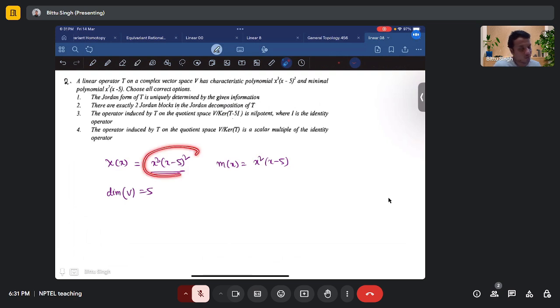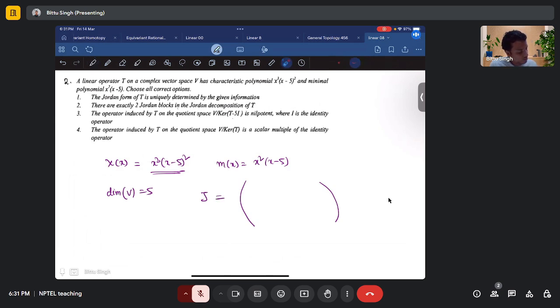The degree of this characteristic polynomial is 5, so the dimension of the vector space must be 5, because T must be some 5 by 5 matrix, otherwise this is not the case, right? So the dimension of the vector space is 5. Let us look at what the possible Jordan canonical forms J are.